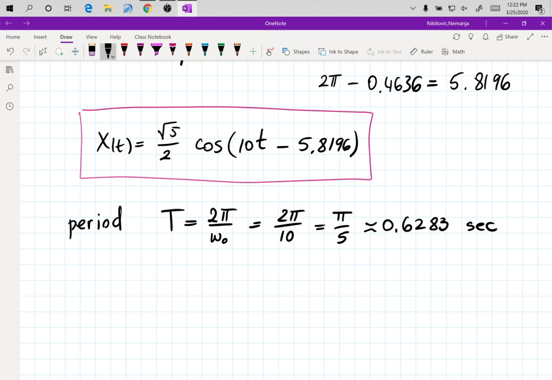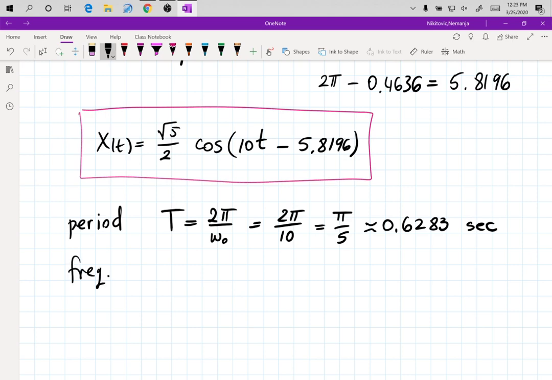So what does this mean? This means that the motion repeats every 0.6 seconds. The same motion repeats in that time.